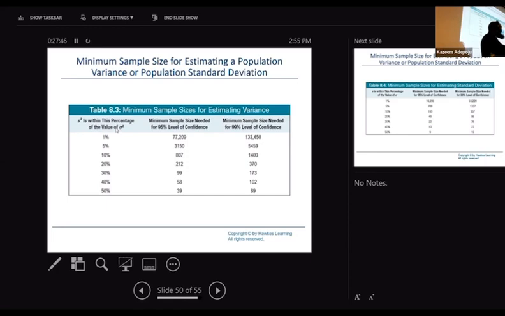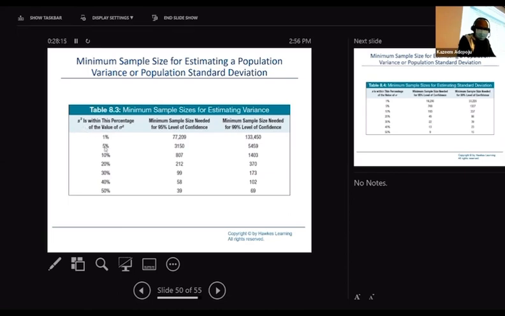If you want to tolerate a distance within 1%, and the level of confidence is 95%, it means the sample that you need is 77,209. If the level of confidence is 99, you'll be needing 133,450 samples.